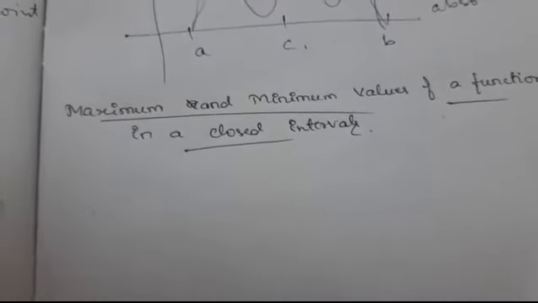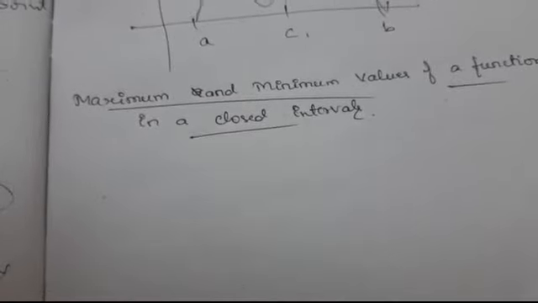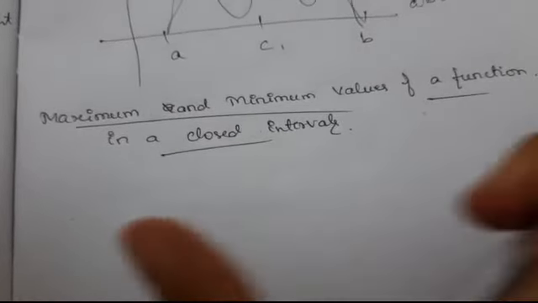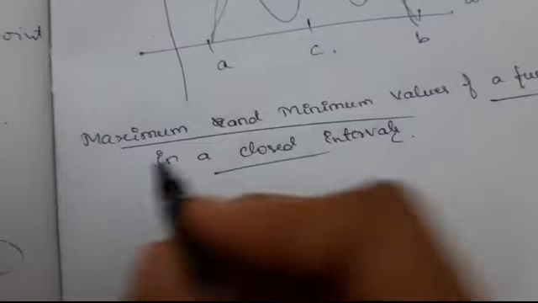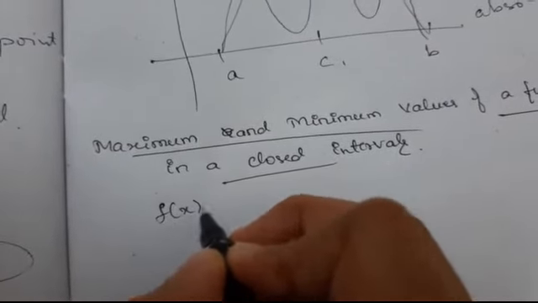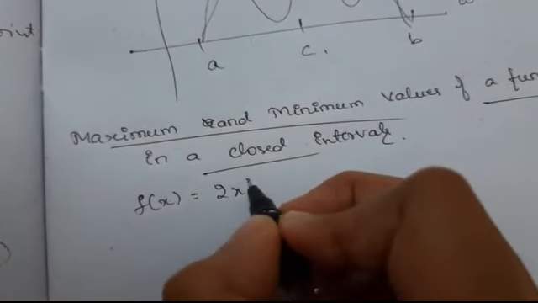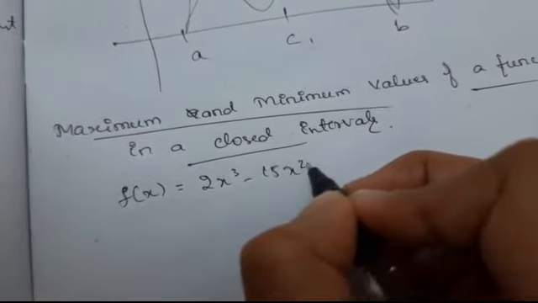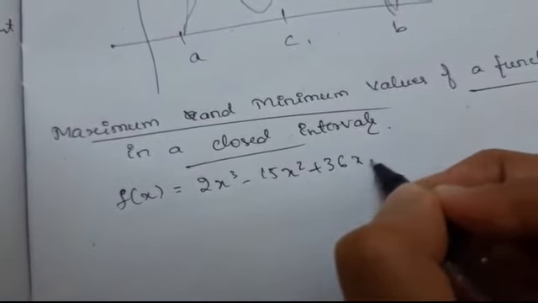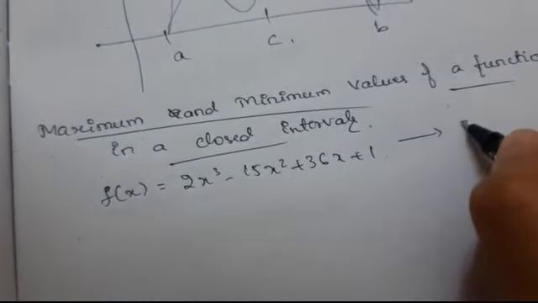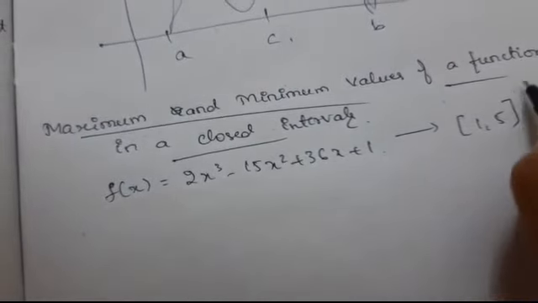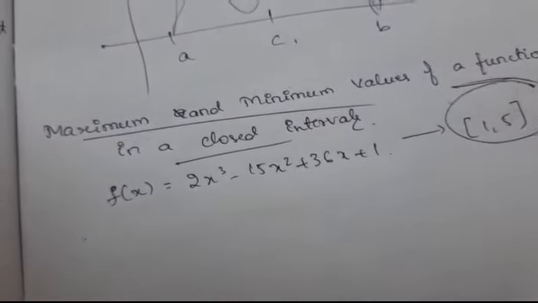The next is how we are going to find the absolute maximum and absolute minimum value of a function within the closed interval. Suppose there is a function f of x is equal to 2x cube minus 15x square plus 36x plus 1, which is defined on the interval 1 comma 5. So here you can observe that the interval is a closed interval.